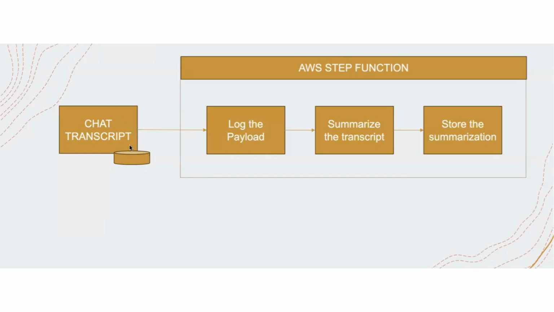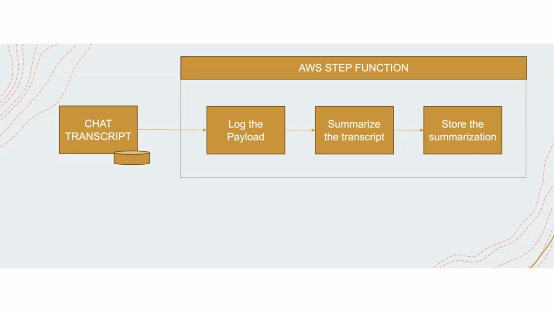And the use case that I took to explore is, let's say I have a chat transcript and I want to give the chat transcript to an AWS Step Function. In that Step Function, the first step is to log the payload, basically the transcript, to see if something happens, or if an error happens in the flow.